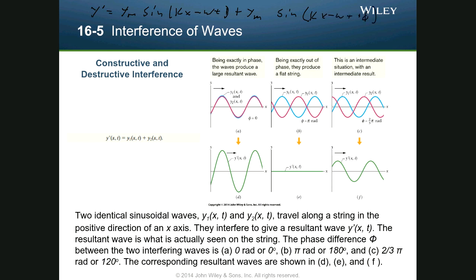And when you do that, now the signs do stay the same because both waves are traveling along the string in the positive direction. They're identical and they both go the same way. So we have to keep our signage consistent in the phase, which is this sign right here.